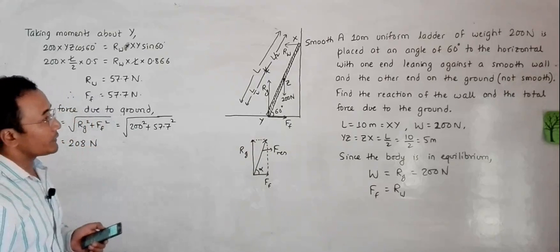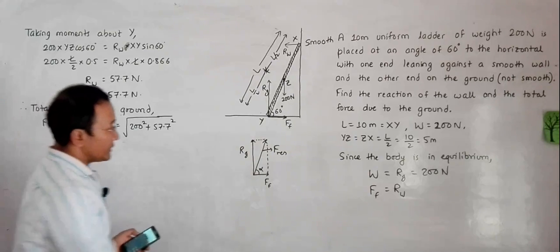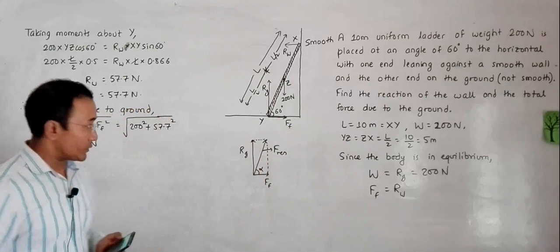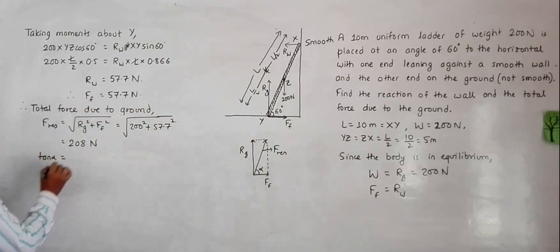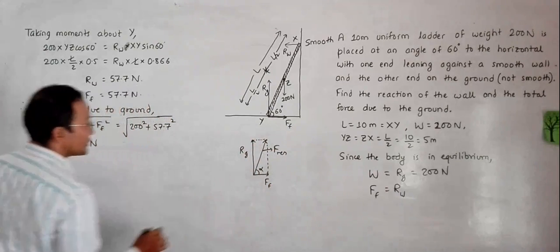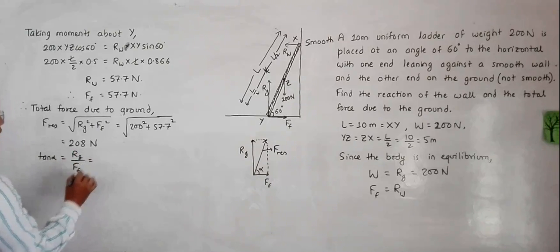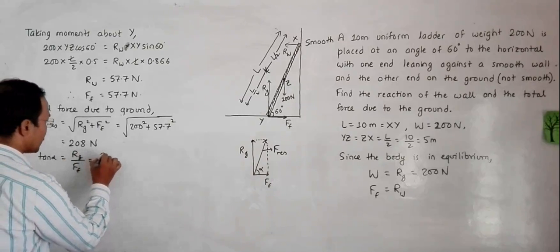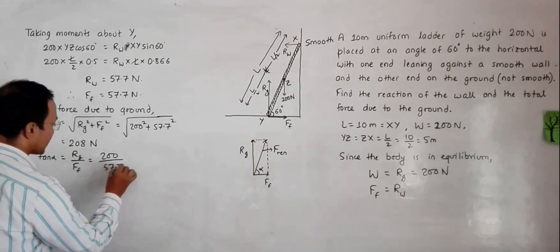So now since we have to find the total force, we need to find the angle also made by this resultant with the ground. So tan of alpha will be equal to Rg by Ff, and Rg is 200 Newton and Ff is 57.7.